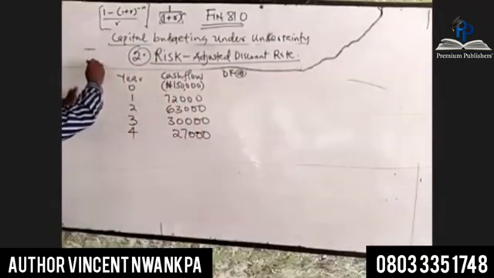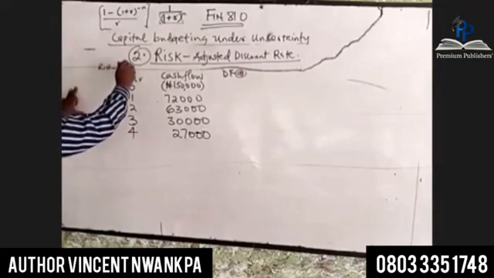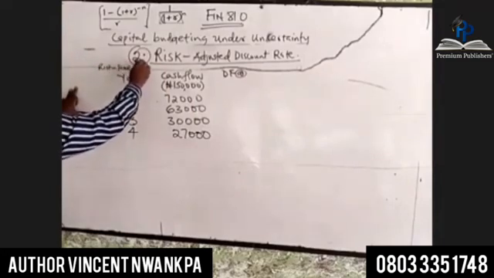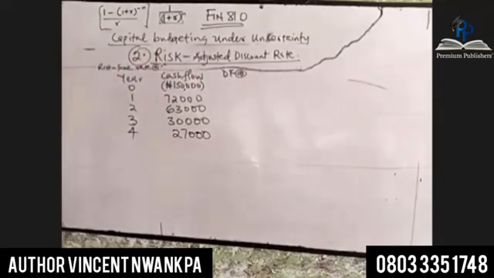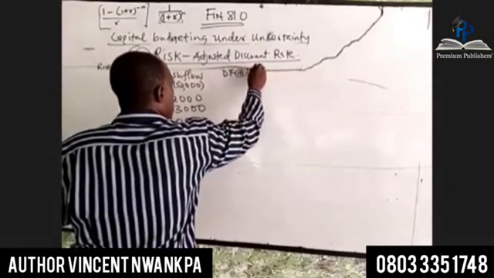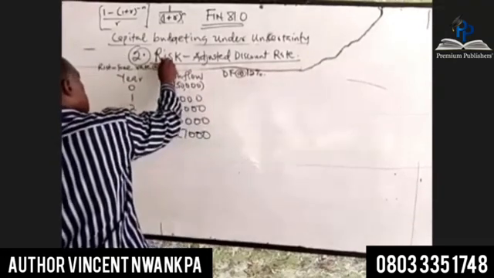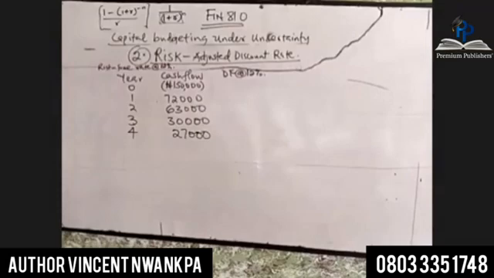Now the discount factor we are using is the risk-free rate. What's that risk-free rate? 12%. Good, so that's what we're using, 12%, before we talk about the risk adjusting.